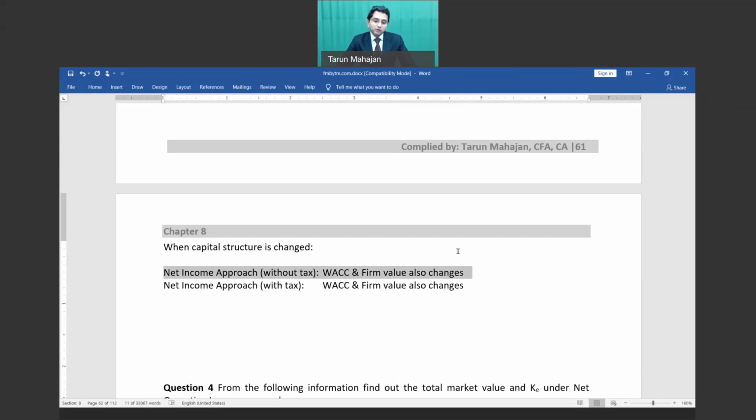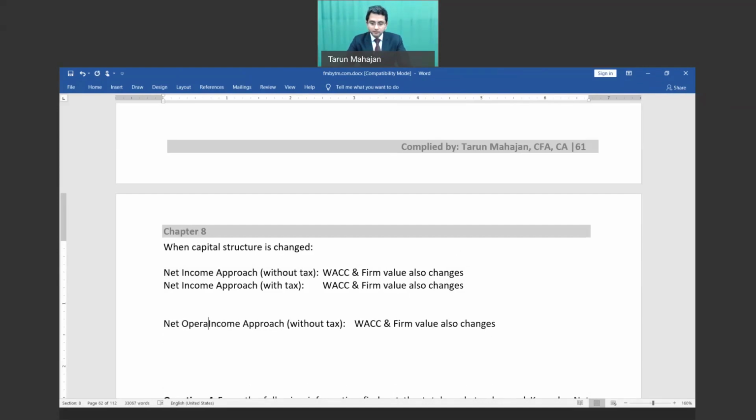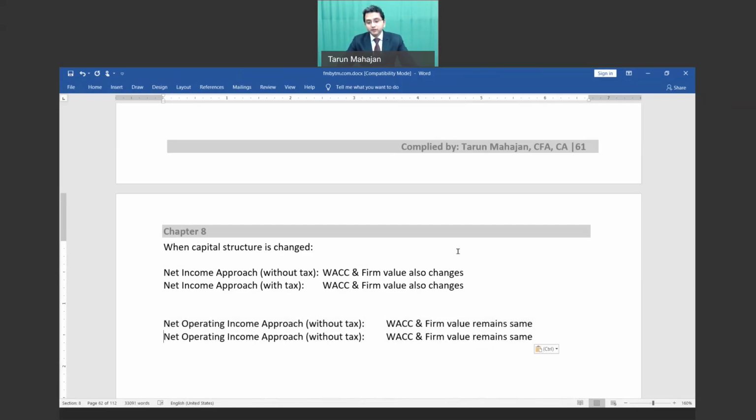Now, if I talk about the net operating income approach without tax, then it says WACC and firm value remain the same. And if I introduce income tax over here, then the conclusion will change.